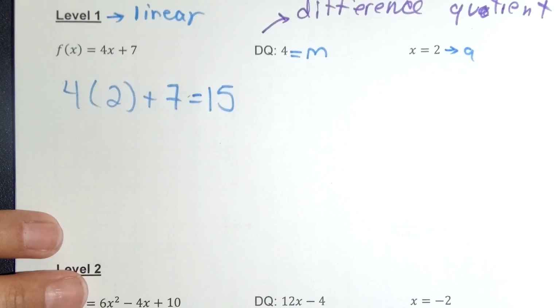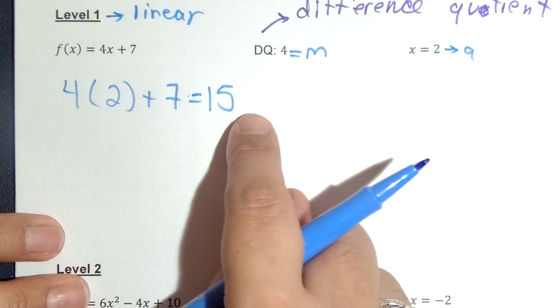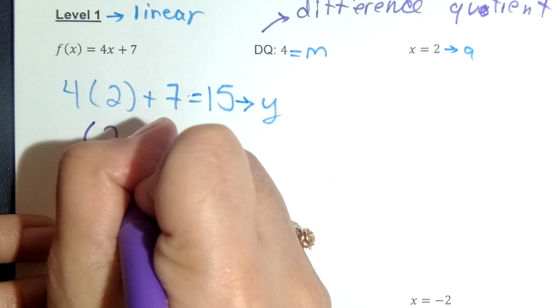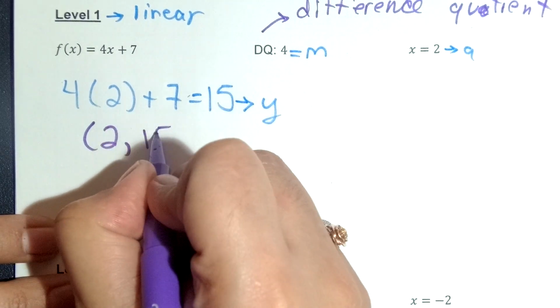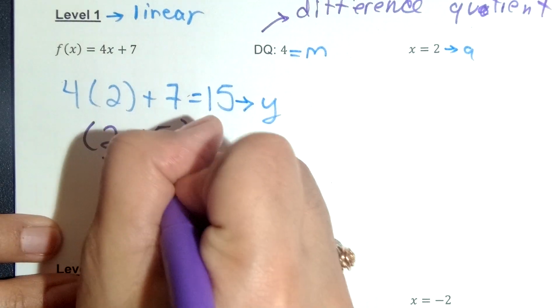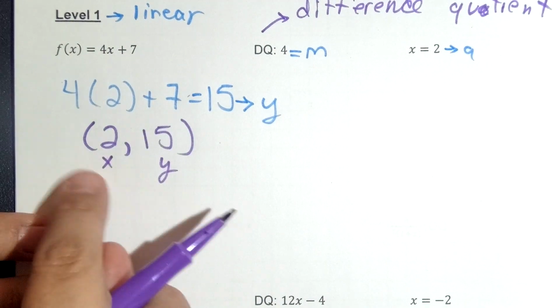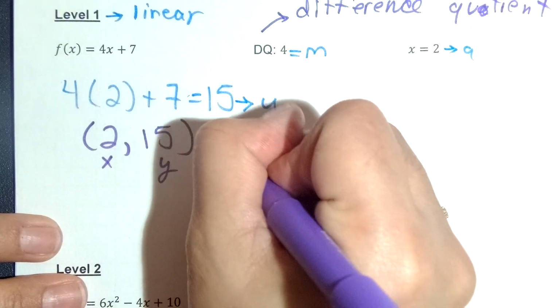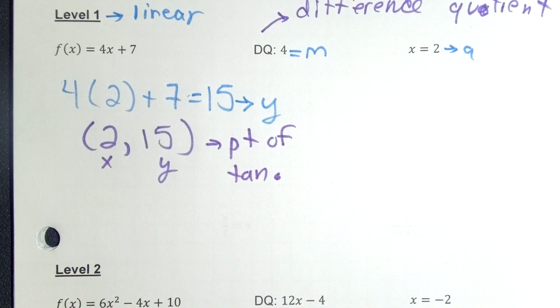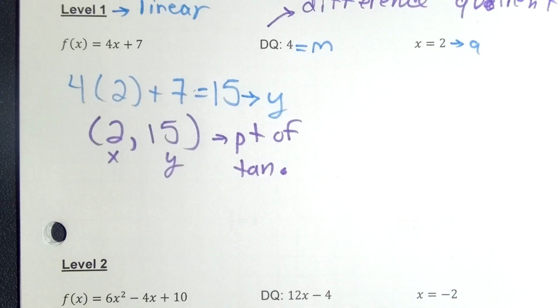So this right here is going to give you your y. That means my point is (2, 15). So now I have my x and my y. This is step 1, your point of tangency. That is one of the standards. If you do that right, you get full credit.